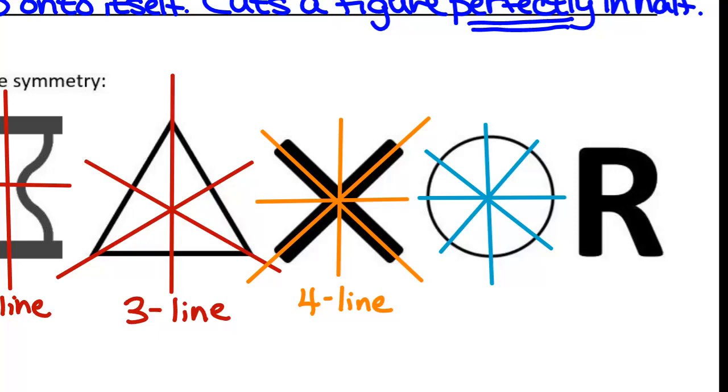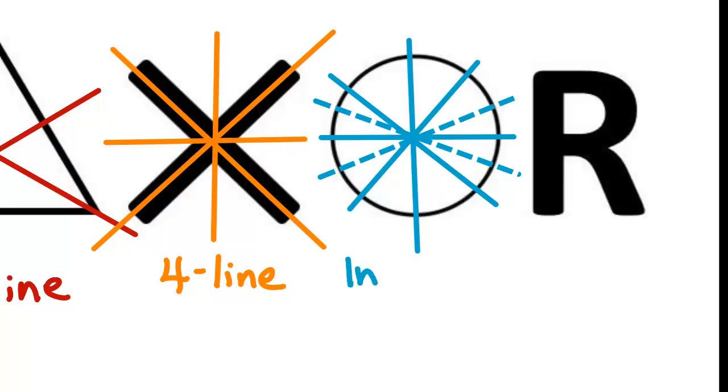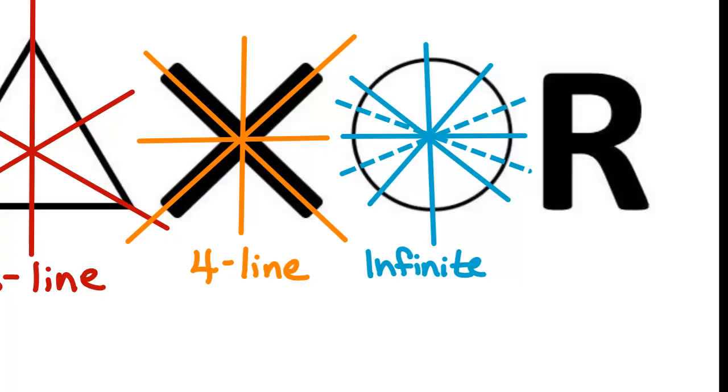What about if I did this one? Would that work? Could I do this one? I can keep going with this, can't I? I have an infinite number of lines of symmetry here.